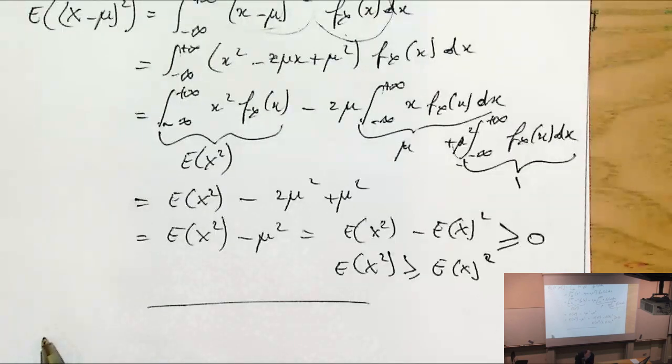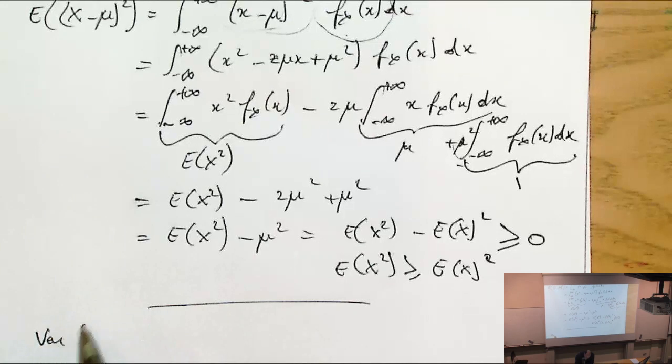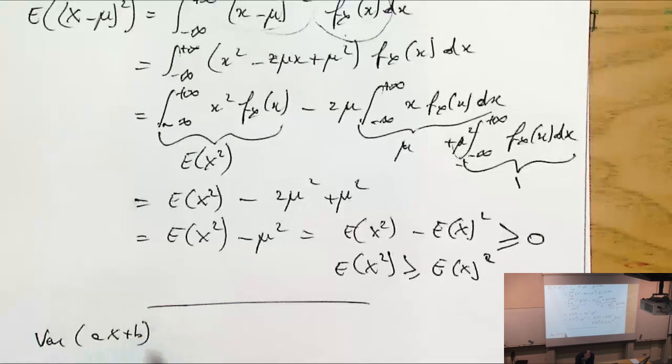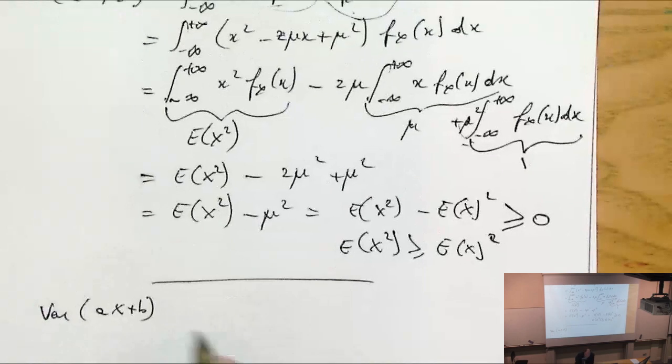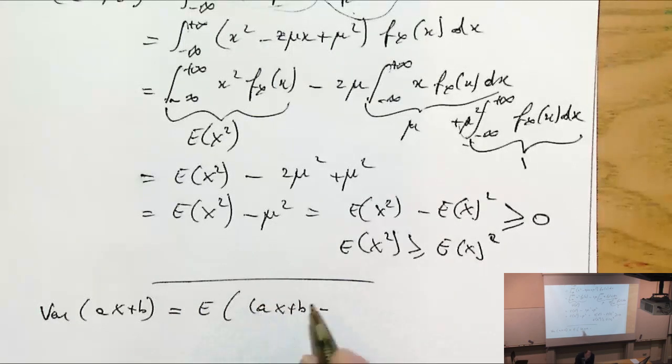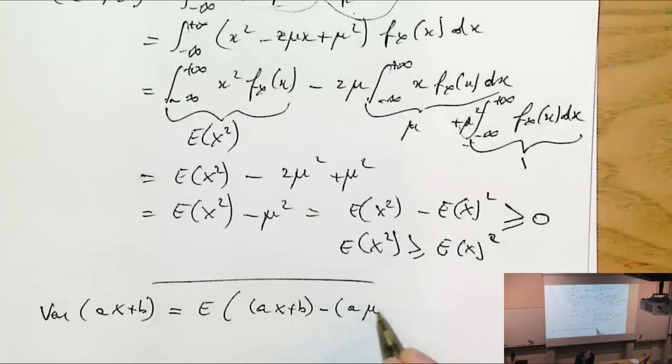What if we have variance of ax plus b? So again, what I can do here, I can say this is expectation of ax plus b minus a mu plus b.